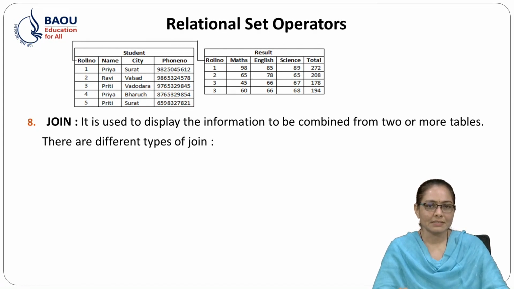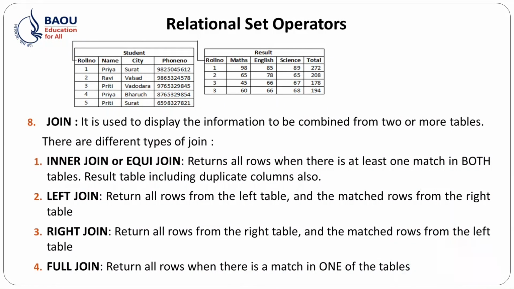Now the next one is joins. Join is used to display information combined from two or more tables. Here we use the primary key and foreign key concept. There are different types of joins. The first one is the inner join or equijoin. What do we mean by inner join and equijoin?